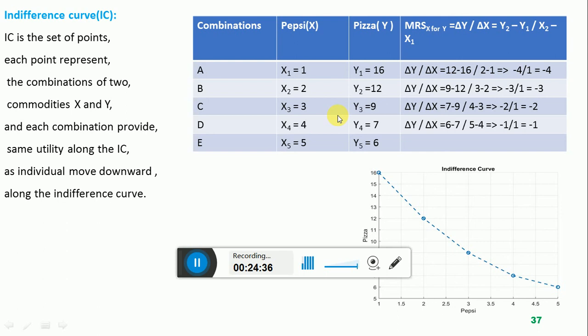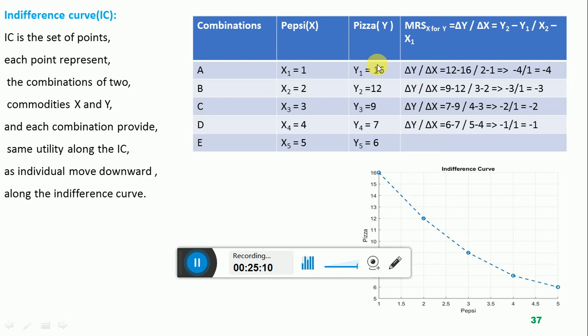Now what is the reason that utility is the same when the consumer is giving up pizza and increasing bottles of Pepsi? The reason is this: pizza is more in quantity, so its marginal utility is very low, and Pepsi is very small in quantity, so its marginal utility is very high. For example, when the consumer wants to increase one Pepsi, the consumer will sacrifice 4 pizzas.